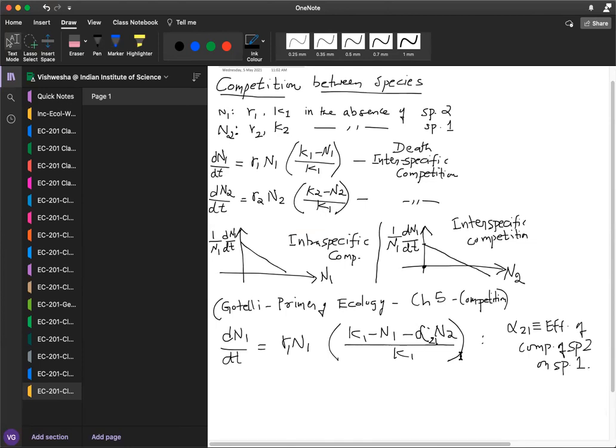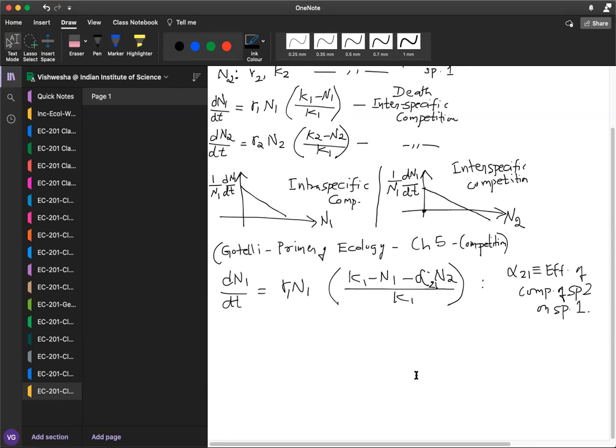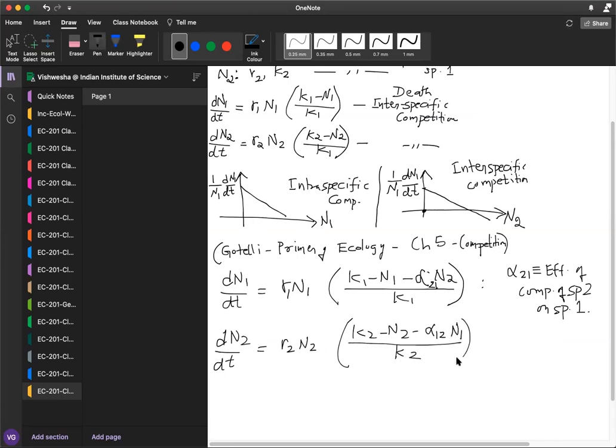Is this fine? Now we can write down a very similar equation for n2, following exactly the same steps. The rate of change of population 2 is R2 n2 times (K2 minus n2 minus alpha 1,2 n1) divided by K2. Is that fine?